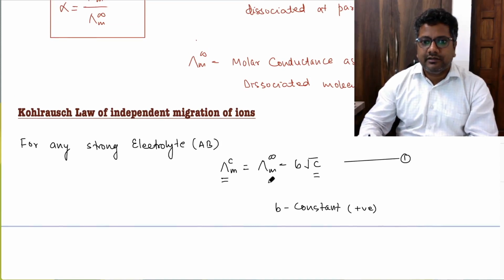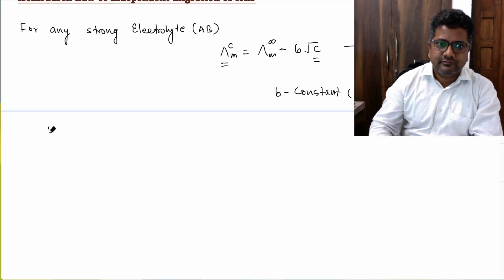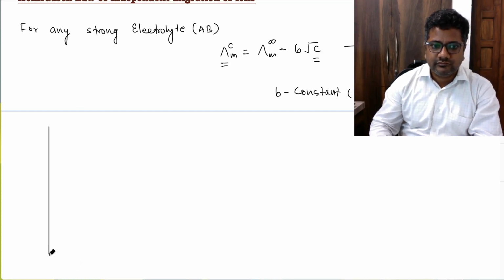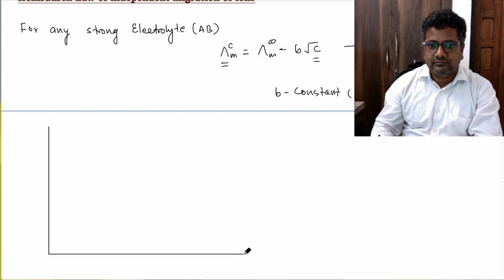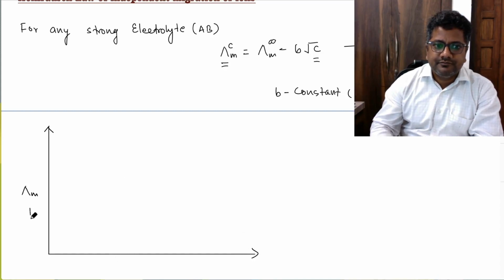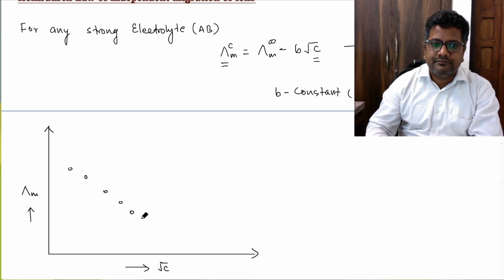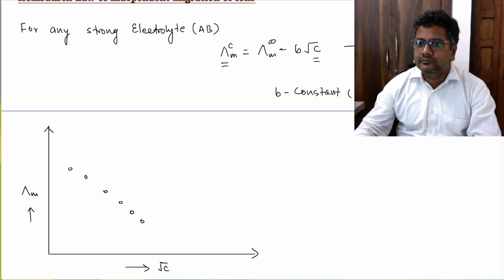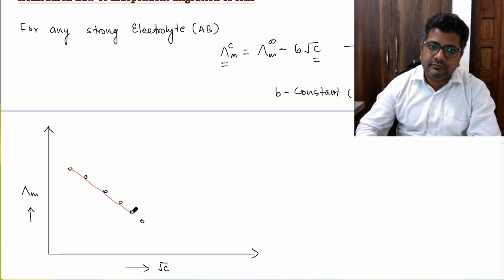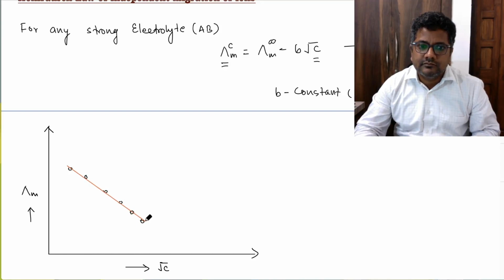Okay, so if we make a plot between lambda m and root of c, for any strong electrolyte we get this type of plot.